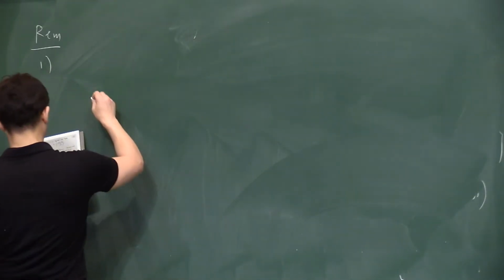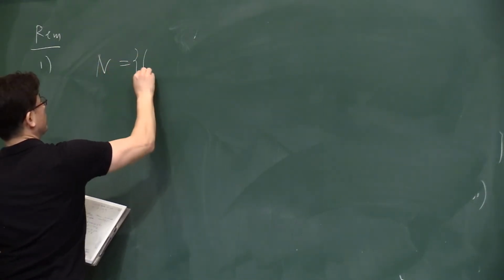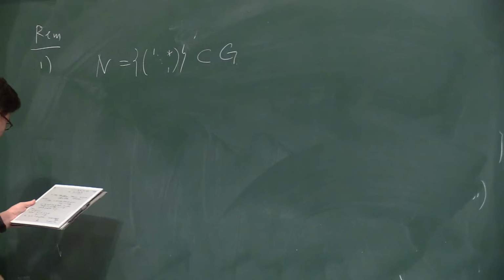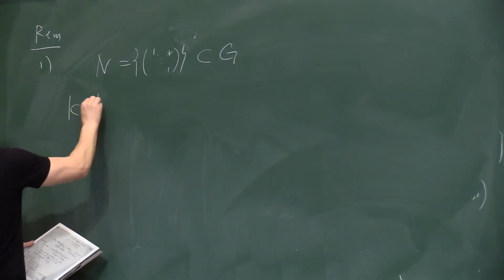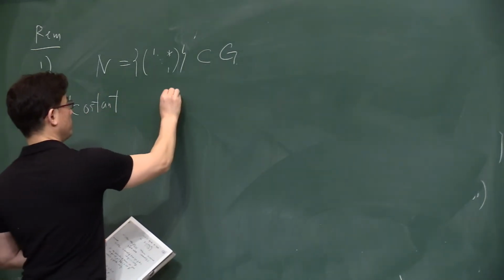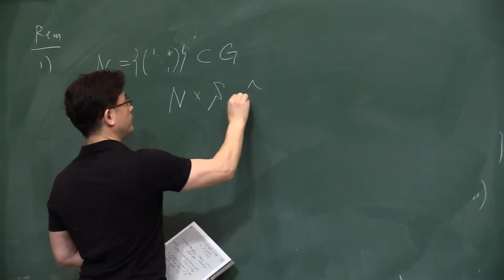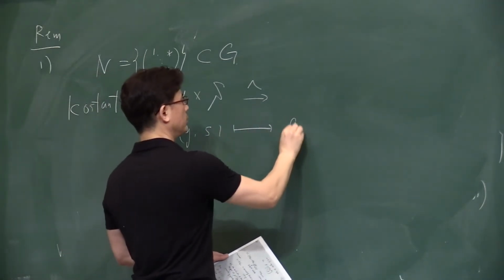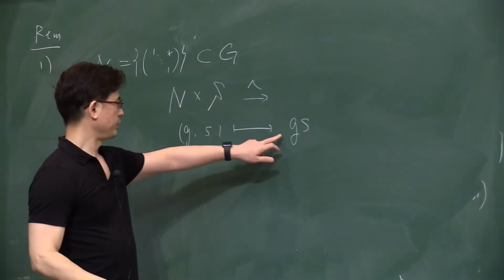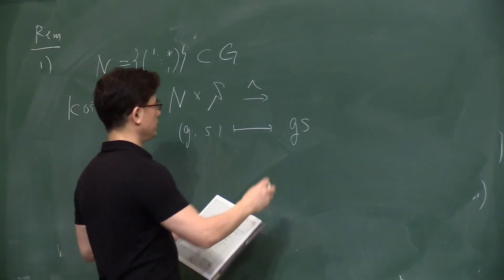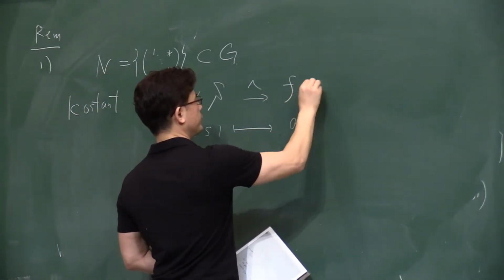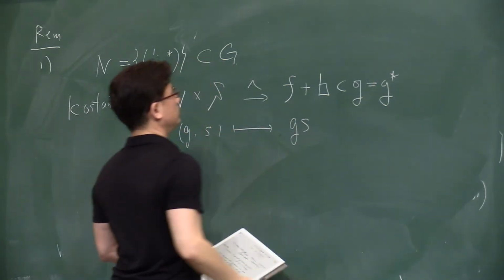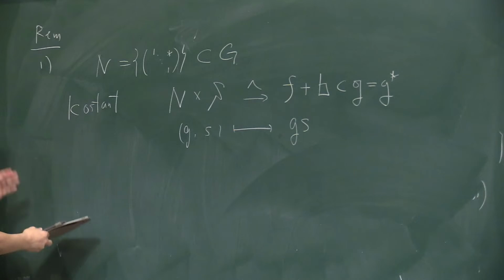So let N be the upper triangular subgroup of G, the maximal unipotent subgroup of G. Then Kostant showed that we have an isomorphism of affine varieties. If you consider the action of this group, you get some element in g or g star, and you find this sits inside F plus the upper Borel subalgebra, which sits inside g and g star. So this is the isomorphism of affine varieties.